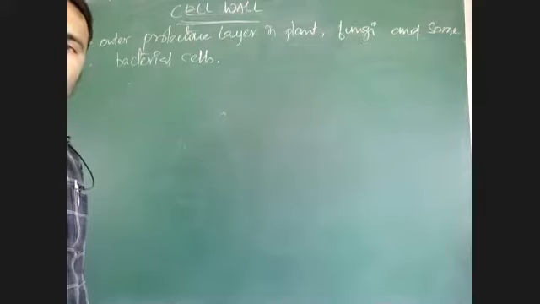All plant cells have a cell wall, but not all bacterial cells do. Only a few bacteria have a cell wall. So the cell wall is the outermost protective layer present in plant cells, fungi, and some bacteria.